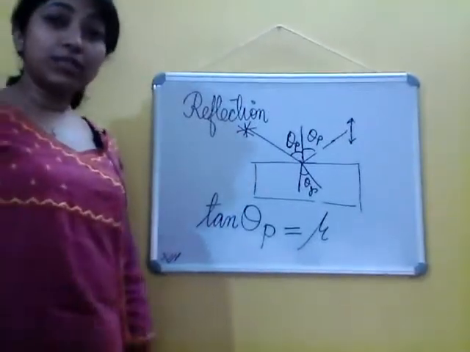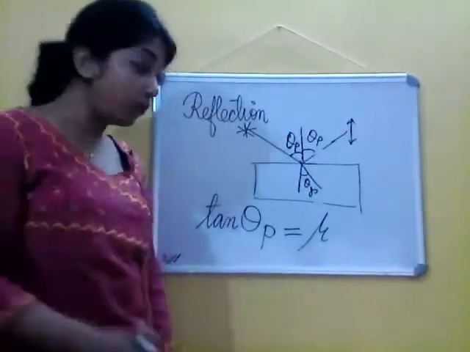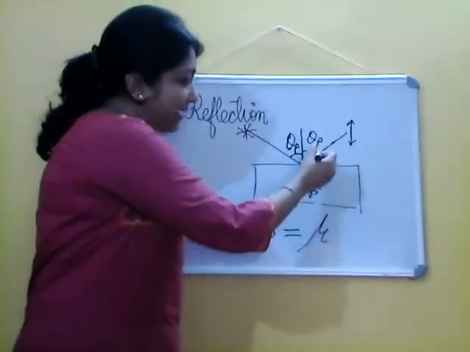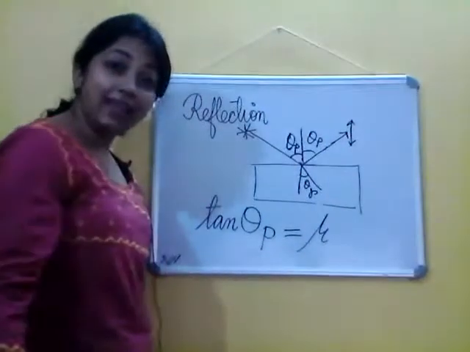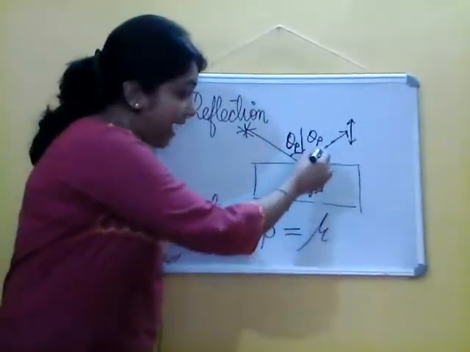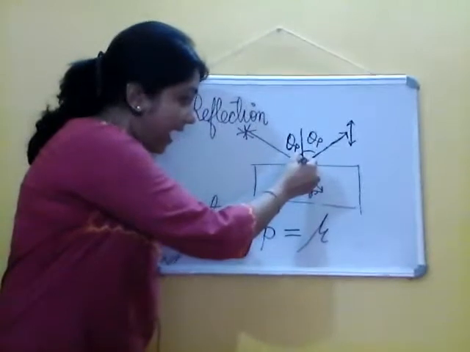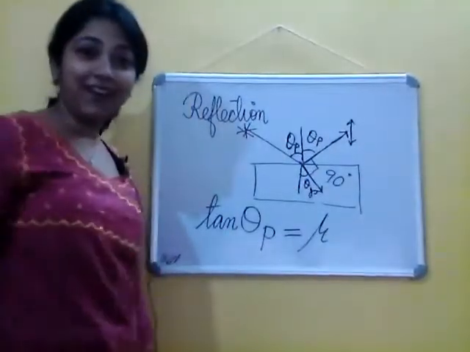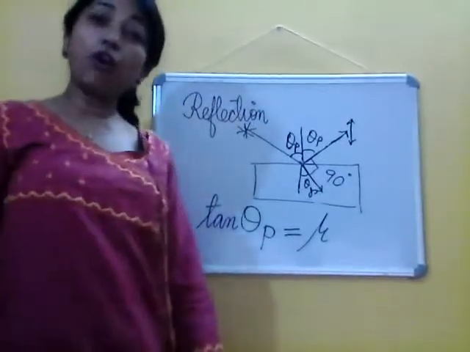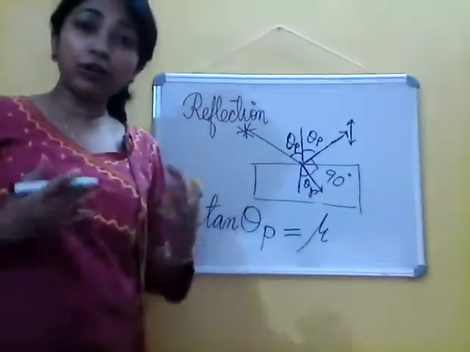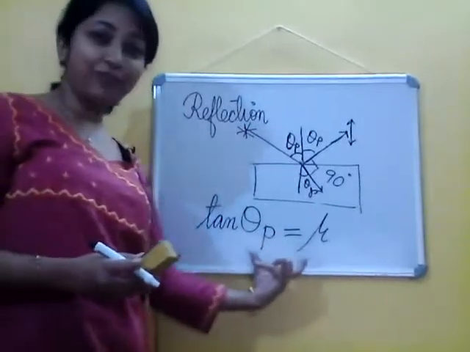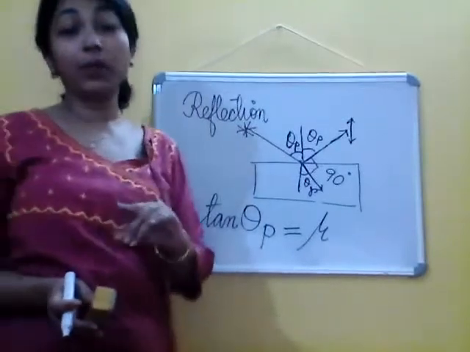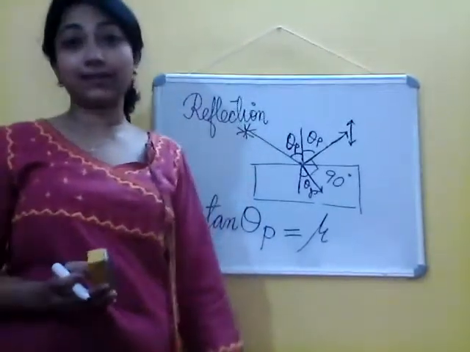It can also be proved from this law that the angle between the reflected ray and the refracted ray is 90 degree. Alright, are you following me? This follows as a corollary or a sub-result of tan theta p is equal to mu. And I am going to show you how, because this can generally be asked in the examination.